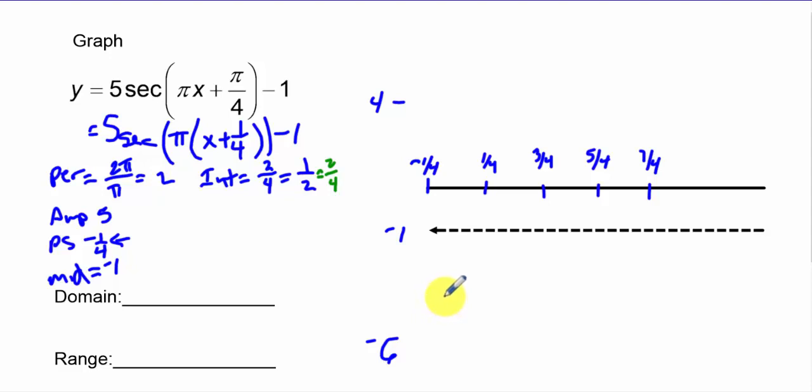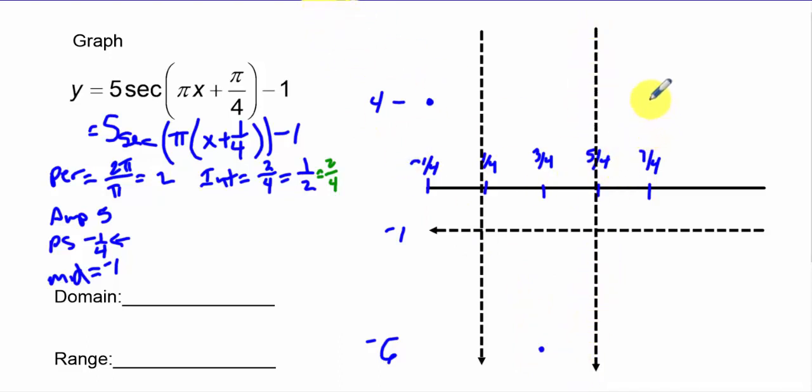I know in secant, I'm going to start at values of 1 at my first interval, but now I'm multiplying that value by 5. So now I'll put this value up here. And then after that, I'll have an asymptote at my next interval. Go down to negative 1, but now we're multiplying, negative 5. I go through another asymptote.